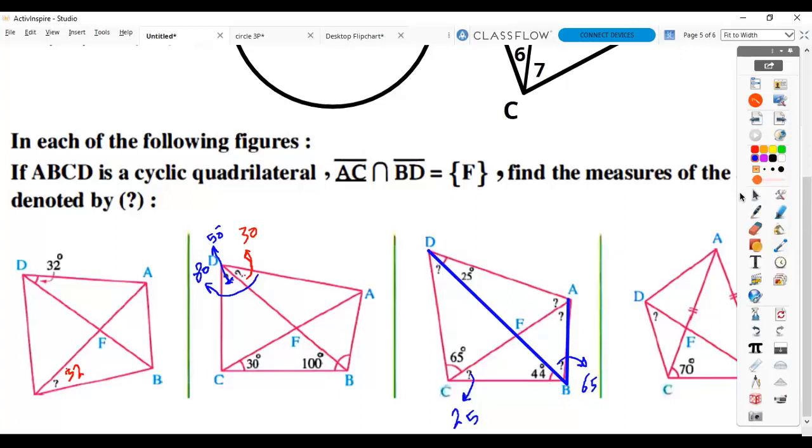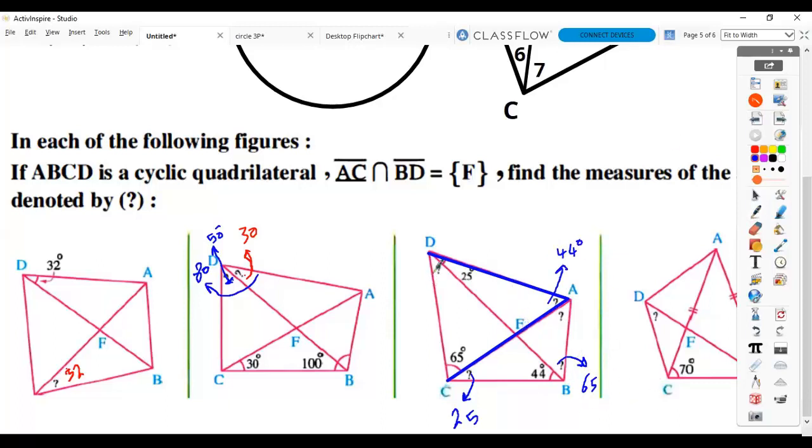If I go to the 44, the 44 is subtended by CD, with it, this one, which is A. So this one is also 44 degrees.